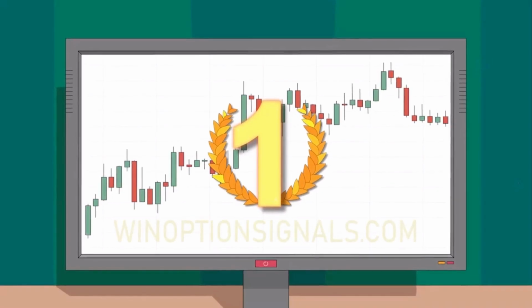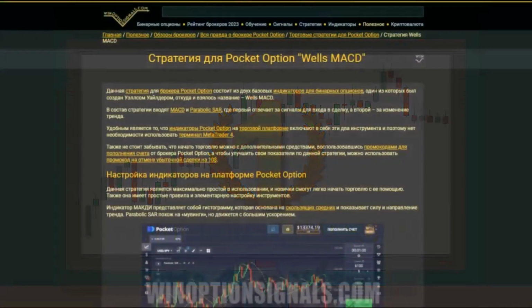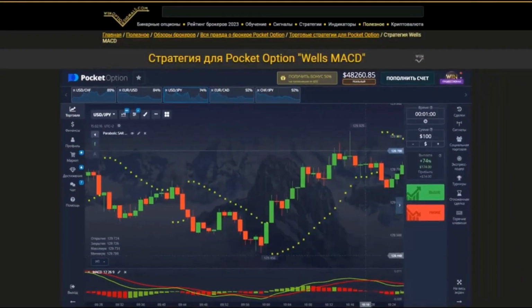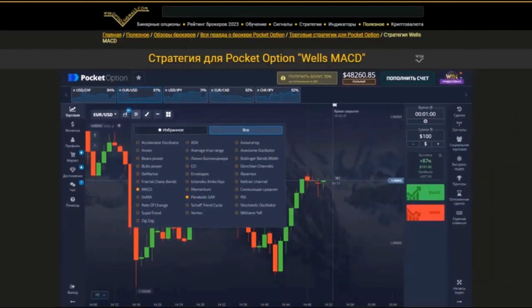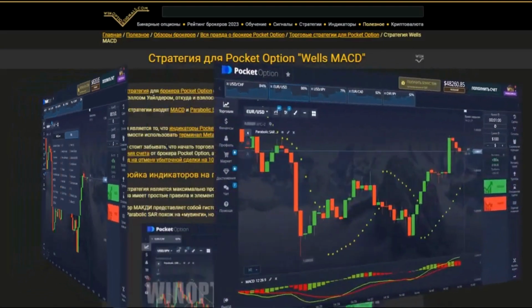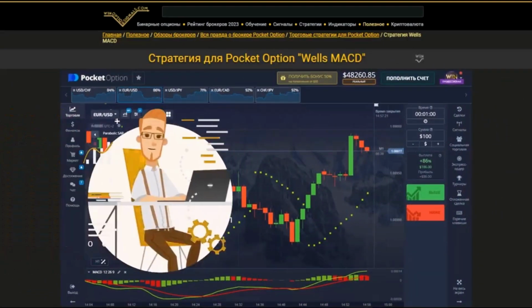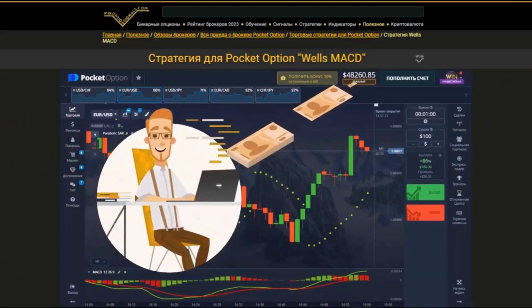The first place rightfully goes to the PocketOption Wells MACD strategy, which is extremely simple to use, and thanks to its straightforward trading rules and easy indicator setup, even beginners can start trading binary options with it.